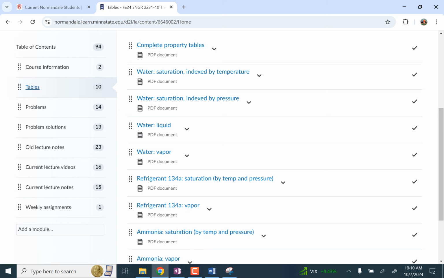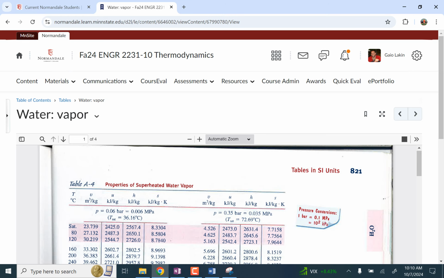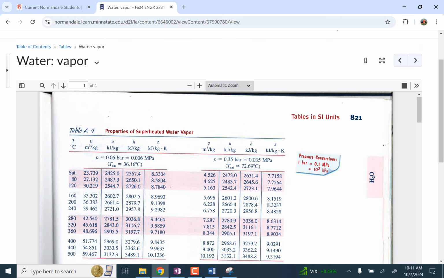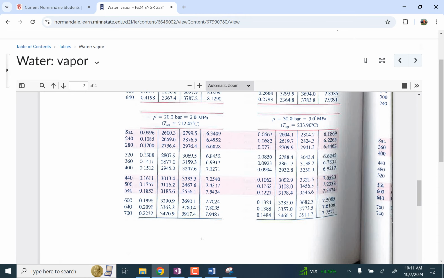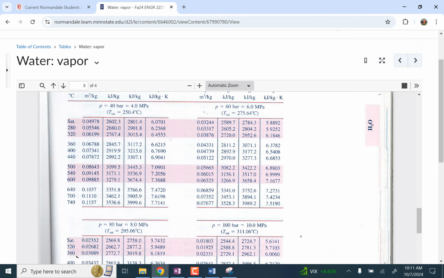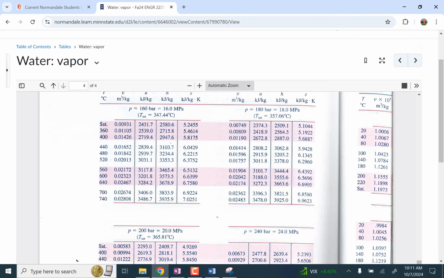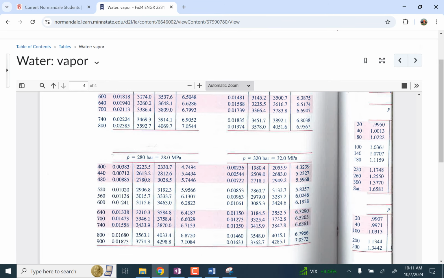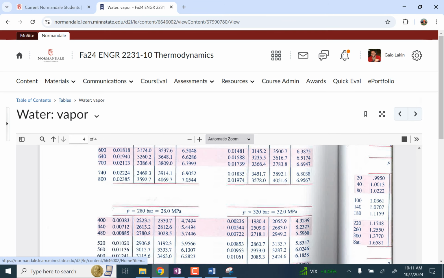It says it's steam, right? And that is all in SI units. Do we have anything else? No, not in that one.